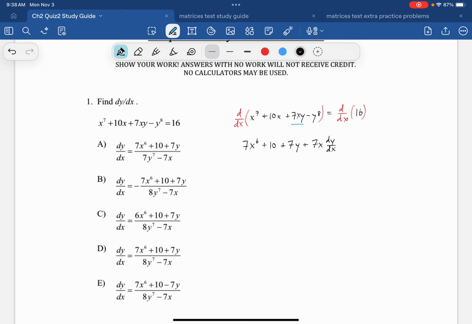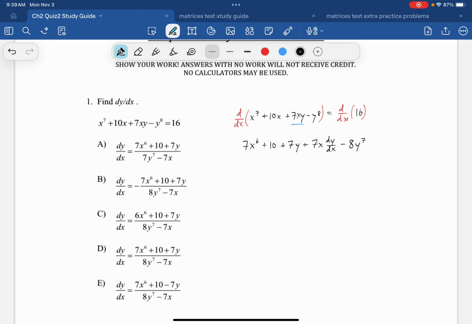And finally, I have the derivative of y to the power of 8. So first, I'm going to take the derivative of the outside function, which is the power of 8. And so that's going to leave me with 8 times y to the power of 7, just by power rule. But then by chain rule, I also have to take the derivative with respect to x of the inside function, which is y.